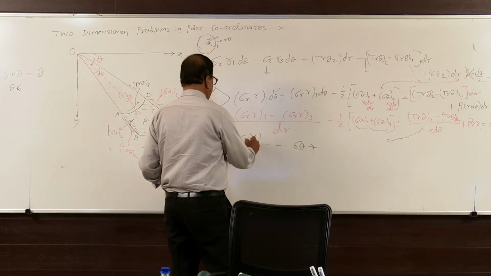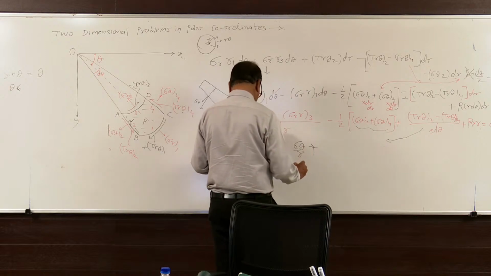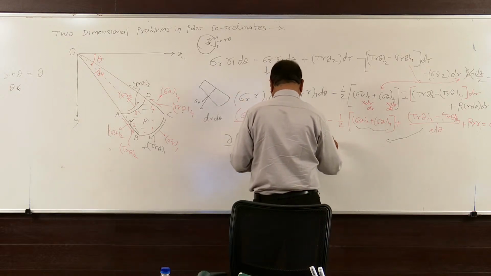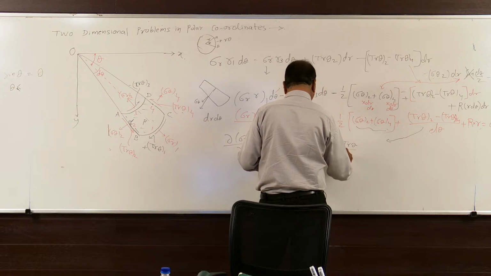So these r get cancelled, theta upon r, 1 upon r, tau r theta upon del theta.